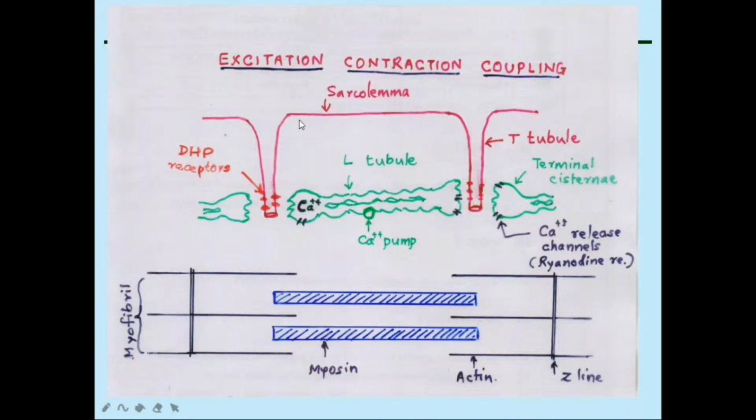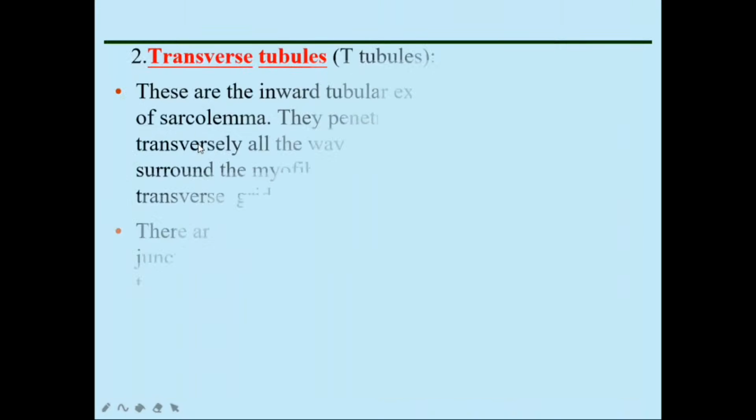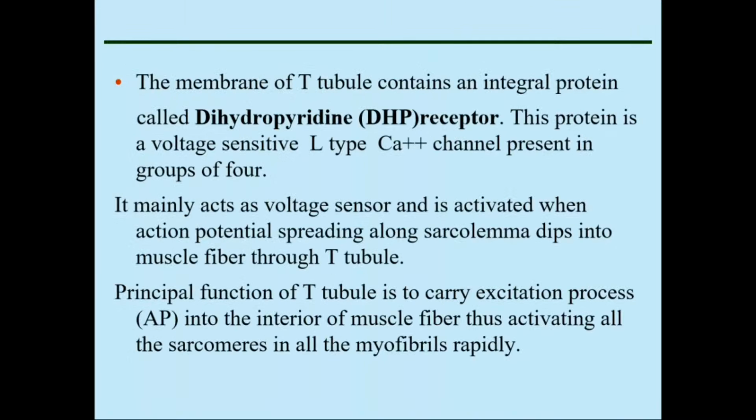So this is showing the invagination of the sarcolemma, and you can see these membranes of the T tubules, where they come in close contact with the L tubules, they contain certain proteins called the dihydropyridine receptors. This protein is a voltage sensitive L-type calcium channel present in groups of 4.